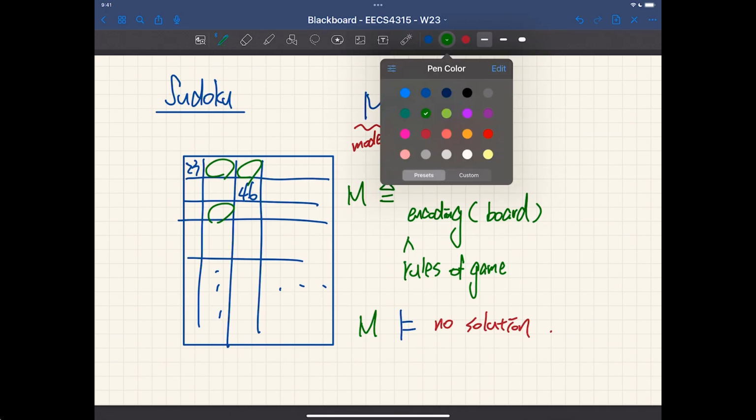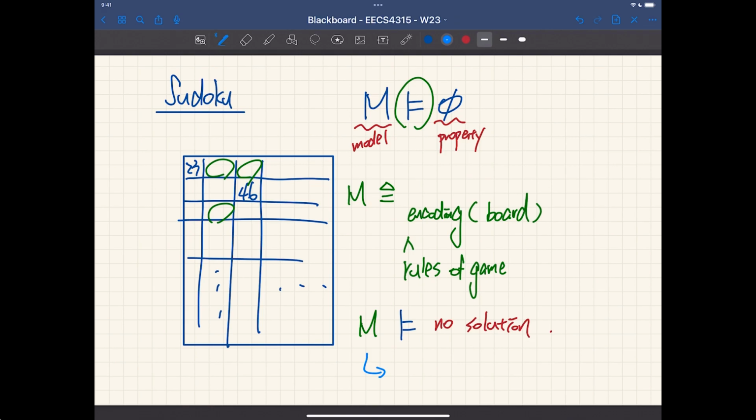So let me write down something, and I'll take more questions here. You can think about this one here. If the verification failed, that means it's going to give you an error trace. And this error trace is going to be a way to lead to a state representing the solution.